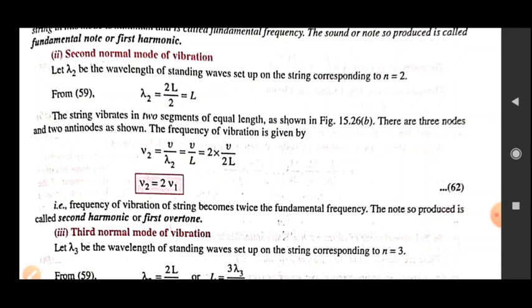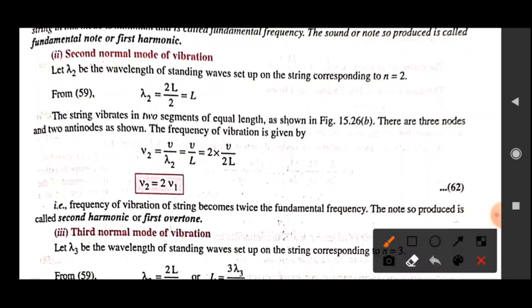Next, we can see the frequency of the second mode of vibration. nu2 is equal to v by lambda 2, and lambda 2 has the value L, so you can write v by L. If you multiply by 2 and divide by 2, you can convert it into the terms of nu1.